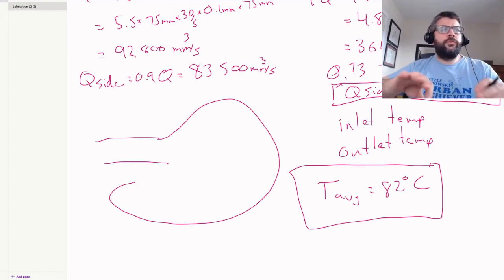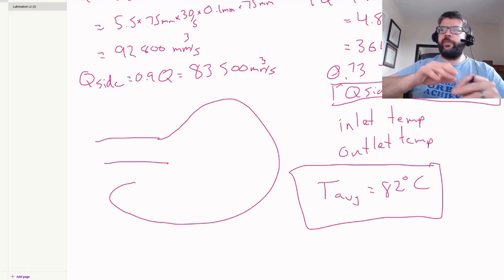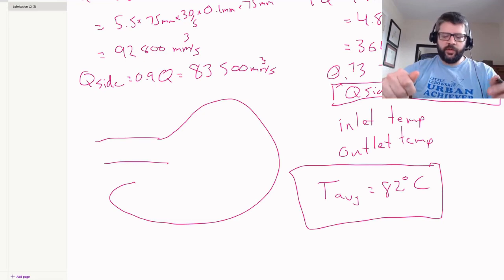If all of the actual removal of heat from the bearing is done by the side flow, then we can use that to calculate the temperature change between the inlet and the outlet.